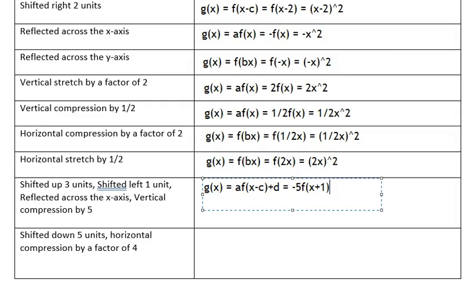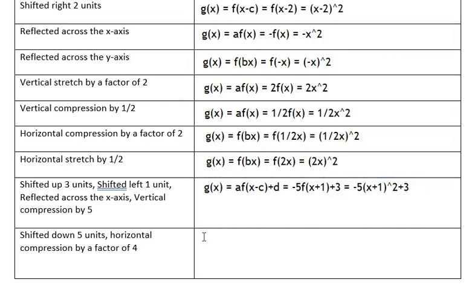And a shift up 3 units would be adding 3 to the function. So this, with that original equation, would be negative 5 times (x plus 1) squared plus 3. There's the transformed equation.